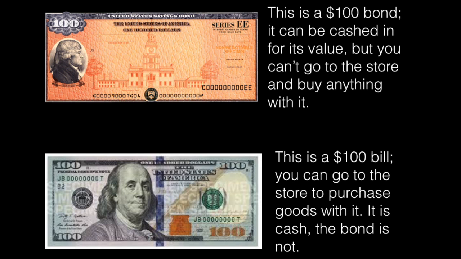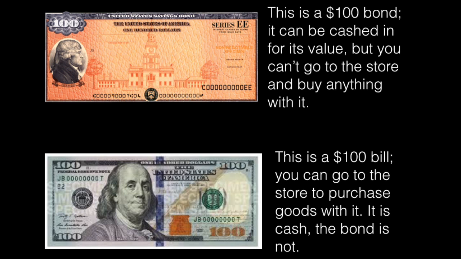So if the Federal Reserve wants to get more money into the system, it can go out and buy bonds from banks that own them and exchange those bonds for cash. Say a bank owns $1 million worth of bonds.